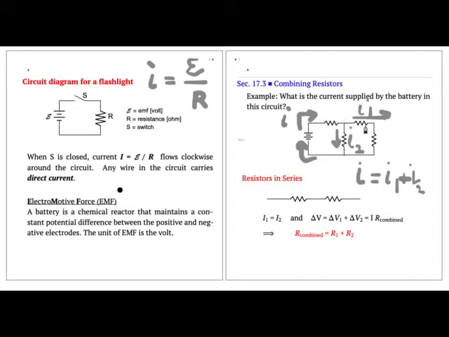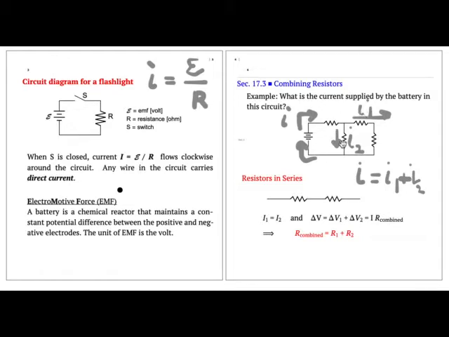And that's because charge is conserved. Charge can't disappear. So if I were not equal to I1 plus I2, then charge would be accumulating at the junction. And that never happens. So you see, we have three currents, but really we only have two because I is equal to I1 plus I2.